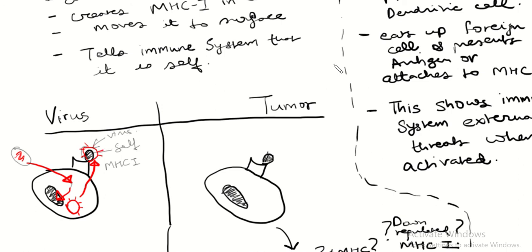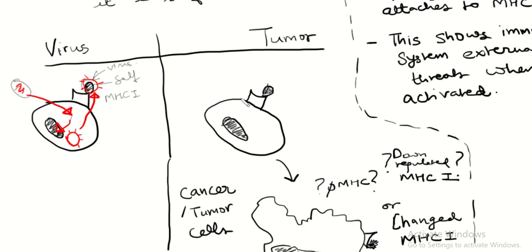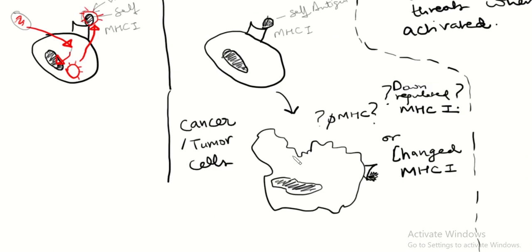The other thing is, hey, what if I become cancerous? So again, I'm a cell. I have my nucleus, I have my MHC1, and I have my self-antigen, right? So what happens? This cell is now becoming dysplastic and starting to go towards a cancer cell.